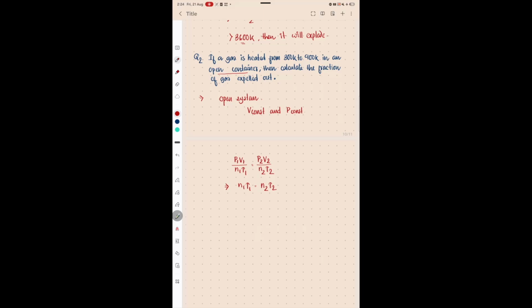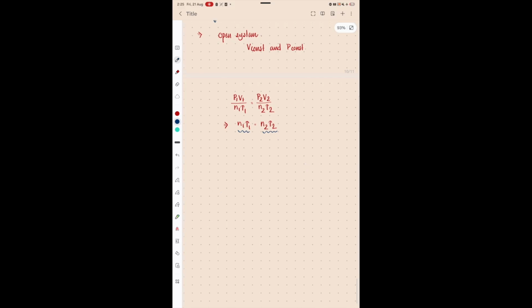Now from this relation, N1 T1 equal to N2 T2, you can see that as volume and pressure are constant, to keep these things constant, if temperature increases, then N has to decrease. From this we will calculate how much N has decreased from its initial state, and from that we can calculate how much fraction of gas is expelled out, okay? So let's try that.